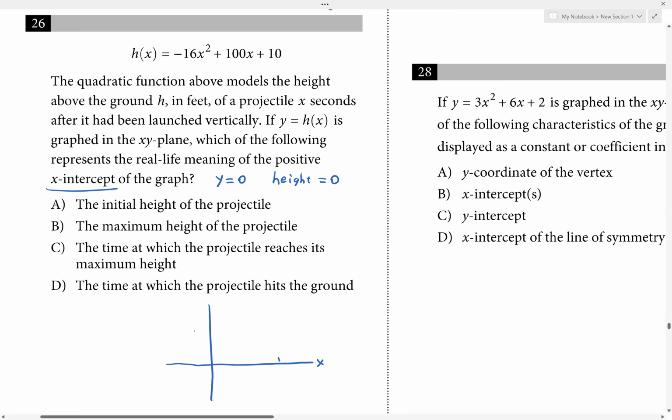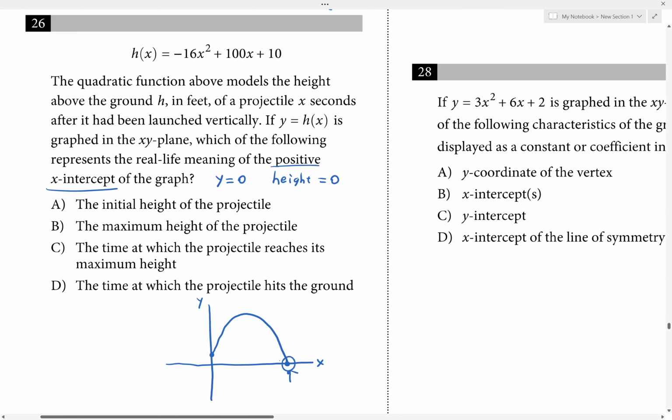So I have x and y, and then the y-intercept at 10, and then it goes up, and then it comes back down. The x-intercept we're talking about is actually here. We know it's that point because this is the positive x-intercept, right?